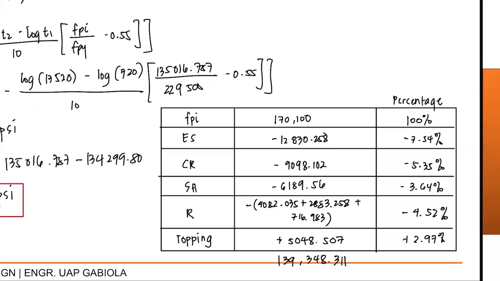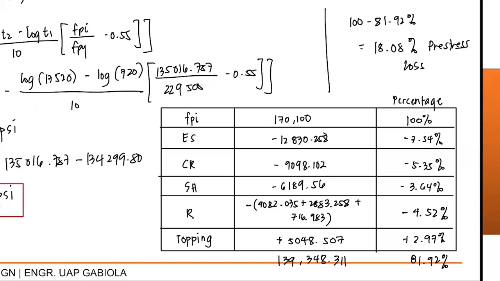So, pag sinama natin to, makukuha natin yung reduced value ng ating FPI, so 81.92% na lang. Okay? So, from 100 minus 81.92%, nag-reduce tayo ng 18.08% pre-stress loss. Okay? So, yan, almost 20%.